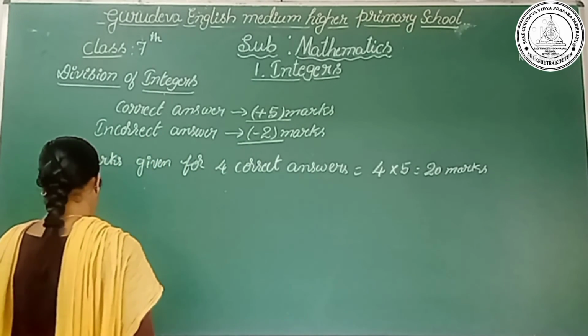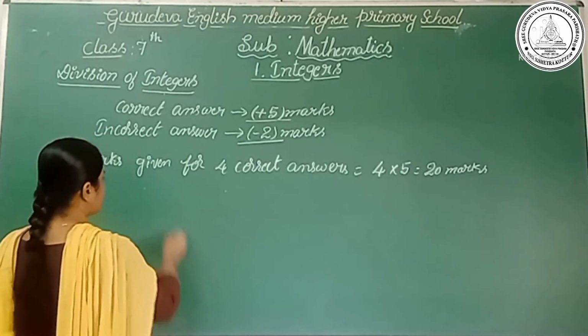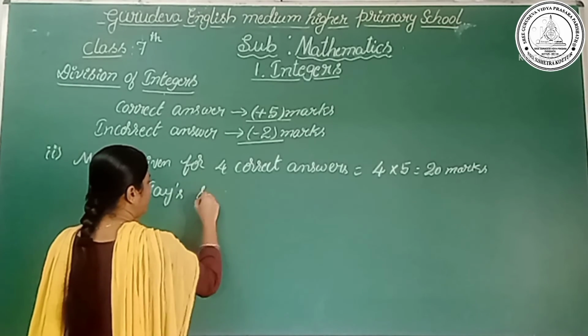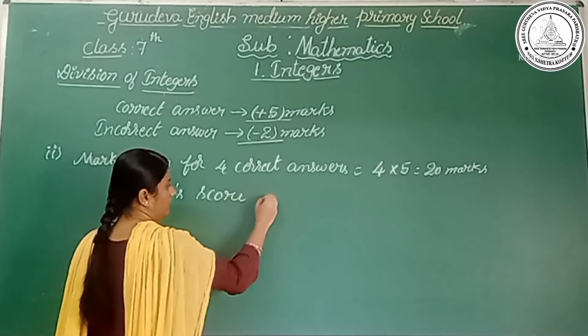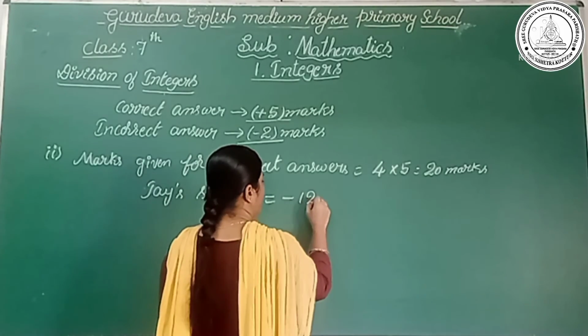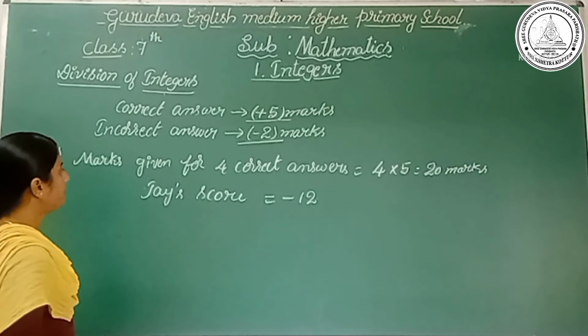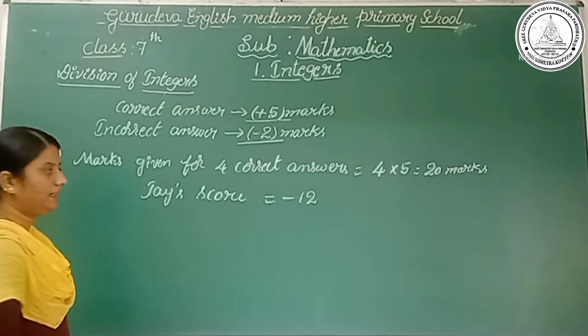And what is Jai's score? Jai's score is minus 12, right? So now what are the marks obtained for incorrect answers?